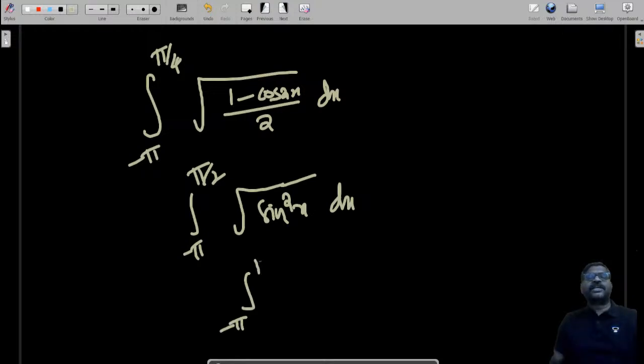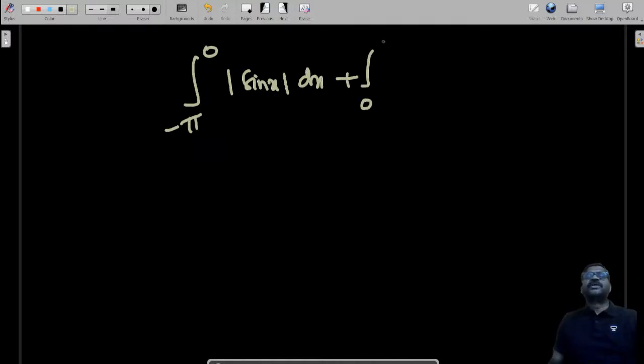Integral minus pi to pi by 4 mod sin x dx. Now we have to split like this: minus pi to 0 mod sin x dx plus 0 to pi by 4 mod sin x dx. Sir, why have you split like this?